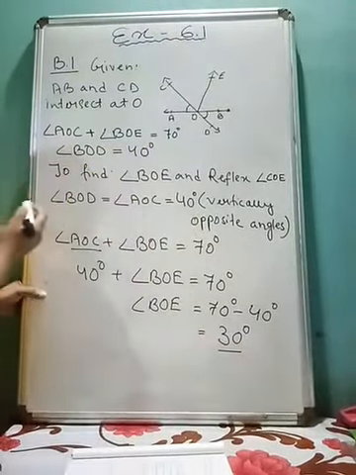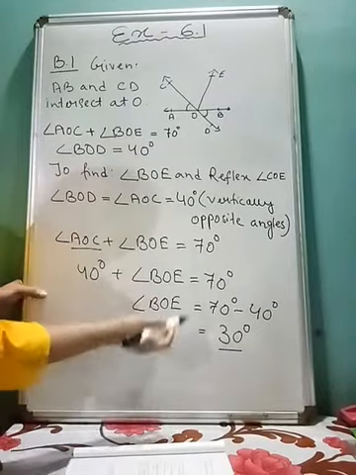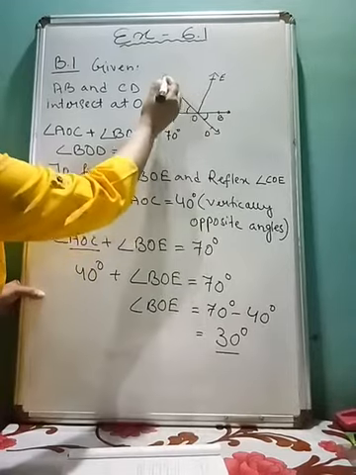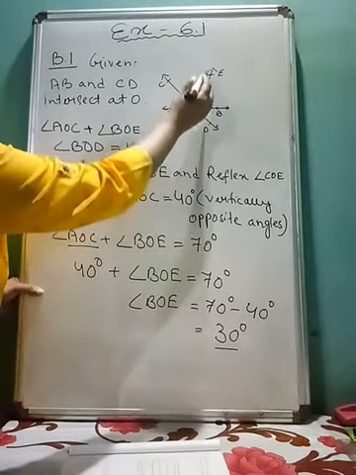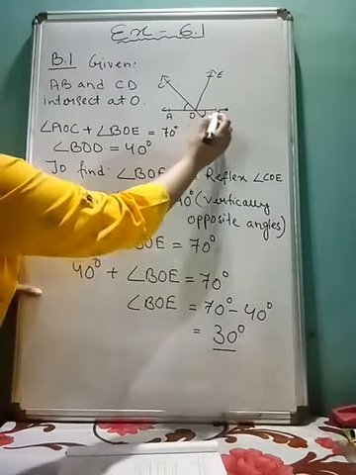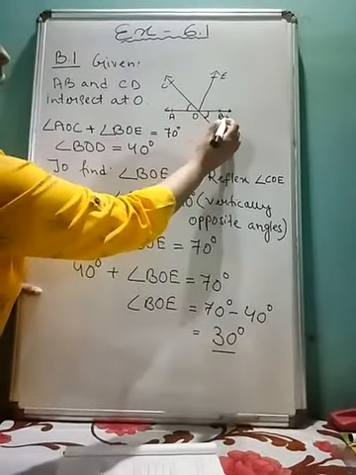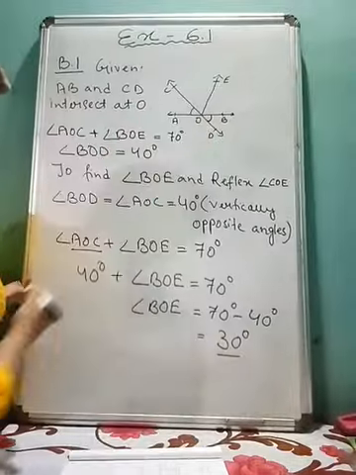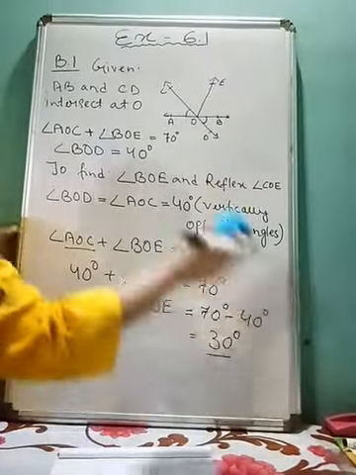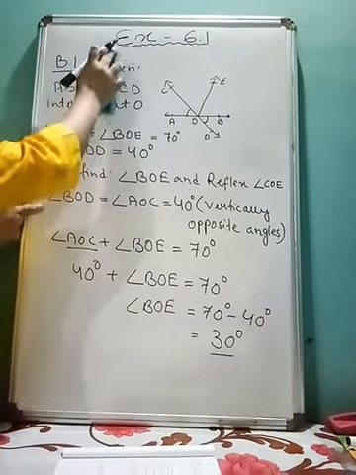Now we are asked to find BOE, that is already found, and also reflex of COE. So for that we have to find angle COE. So we will take here, since angle AOB is a line, AOB will be equal to 180 degree. Okay. So let us do the remaining part.